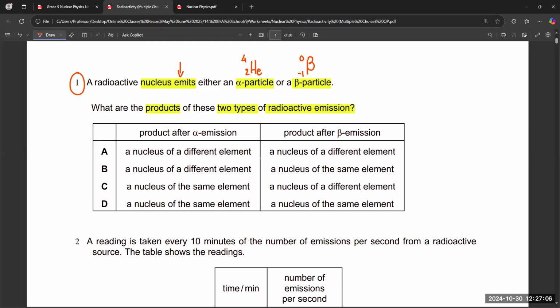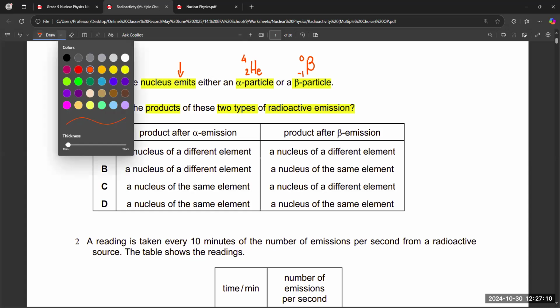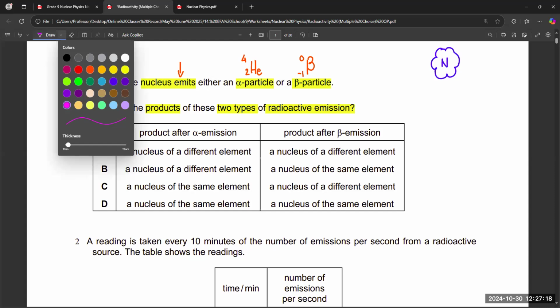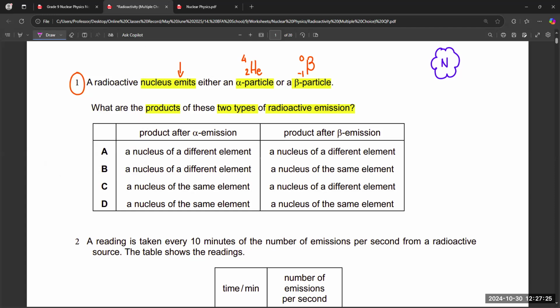For example, we have a nucleus over here. Right? And from this nucleus, there are two possibilities, because in the question it is mentioned either an alpha or a beta. So two possibilities are there. We are not sure.